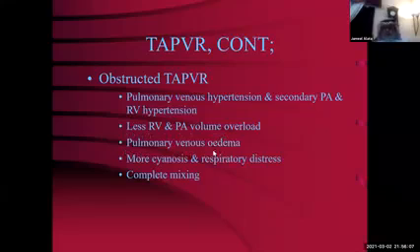And just to tell you, why are we teaching pathophysiology? Because if we teach pathophysiology and know these items, we can direct our treatment towards treating these abnormalities, and this will give you the best outcome in your patient. So there is pulmonary venous edema, more cyanosis and respiratory distress because the lungs are really hurt.